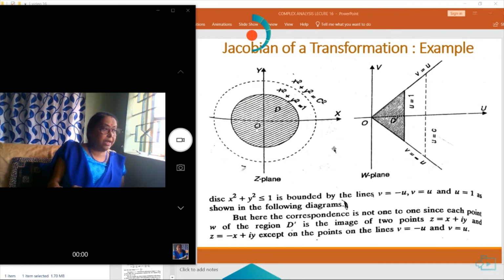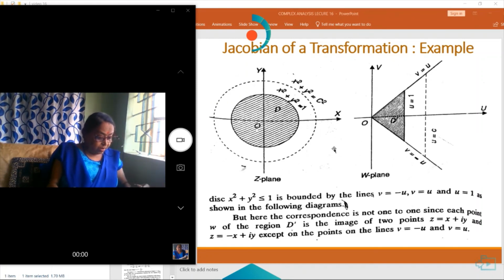Similarly, in the w plane, we draw a line v is equal to u because here the angle is 45 degrees, as in y is equal to x. Similar to v is equal to u, a line should be drawn on the w plane, and v is equal to minus u is also drawn on the w plane.